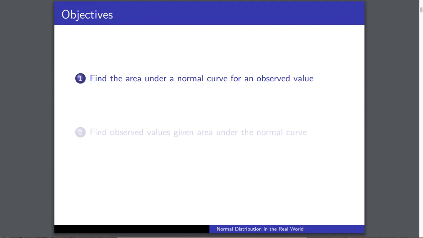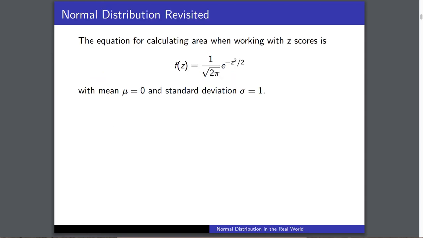All right, so we're going to find the area under a normal curve for an observed value or observed values. In our last section, we talked about the standard normal distribution, which has a mean of 0 and a standard deviation of 1. So again, involving z-scores, the mean of all of your z-scores is 0, and the standard deviation of all your z-scores is 1 within a distribution.